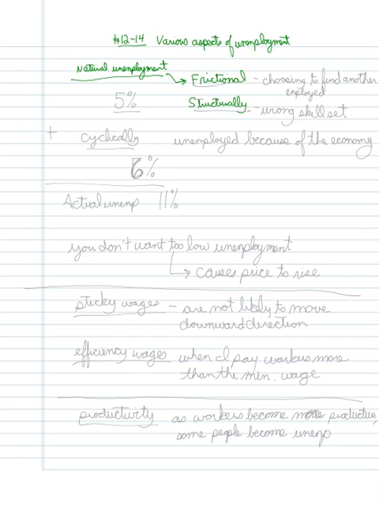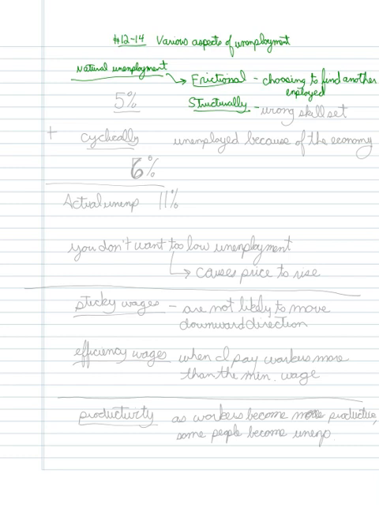To be frictionally unemployed means that you're choosing to find another employer. Either the choice is imposed upon you because you got fired or you just decided to leave. So it's called frictional because we're just saying a market has natural frictions to it where people are changing jobs from time to time.